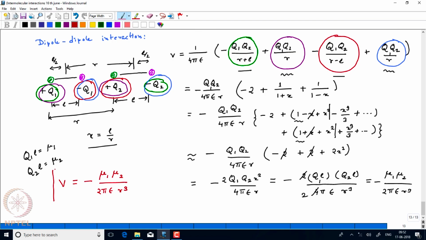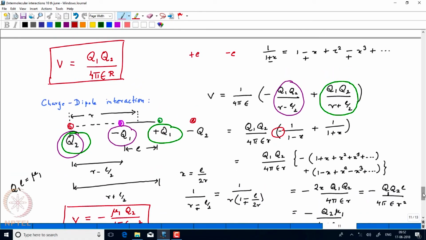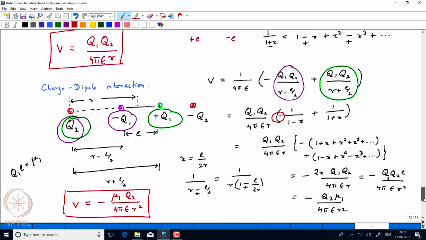And now you can review what we have just done. If it is between two charges, as you can see, if we write the distance between the two charges as r, it will be q1 q2 by 4 pi epsilon 0 epsilon r.